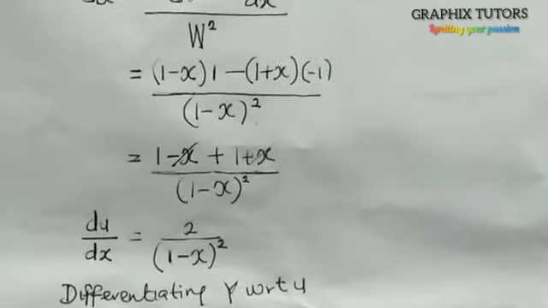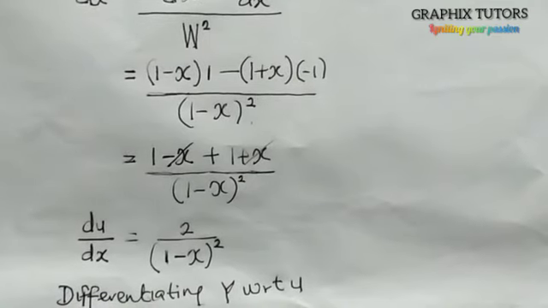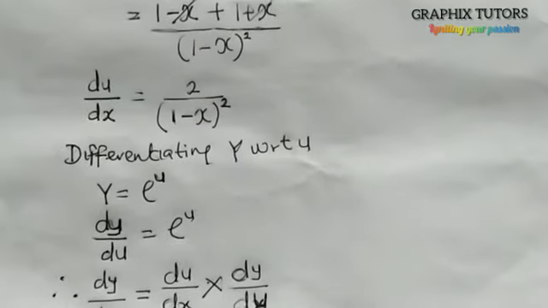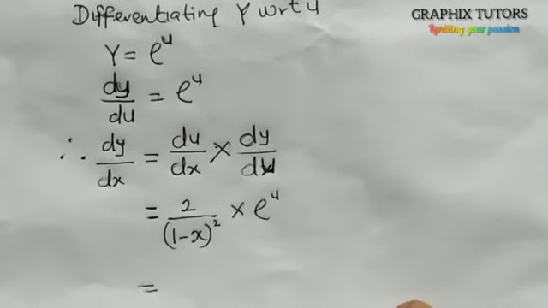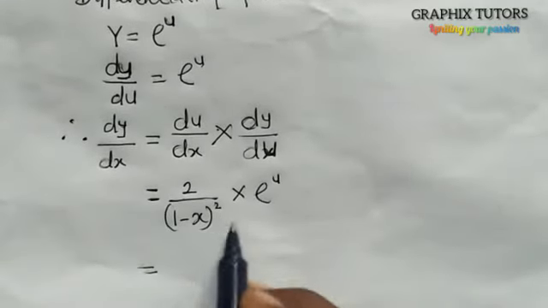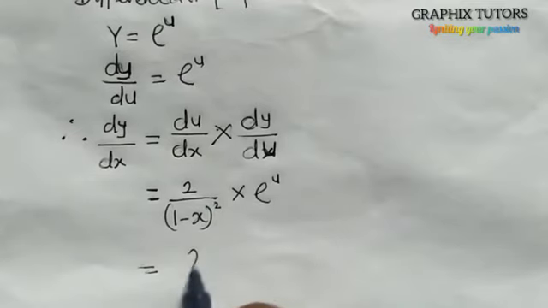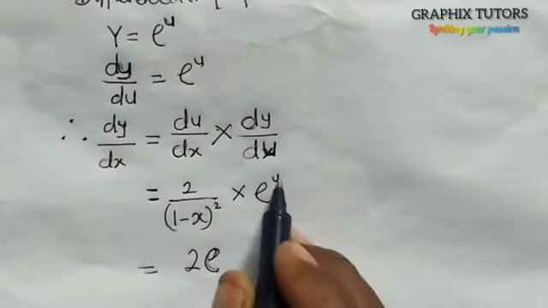My dy over du is giving us e to the u, right? From here, if I multiply this by this, I'll have 2e, but this time I'll not put u anymore, right? What is my u from the beginning?